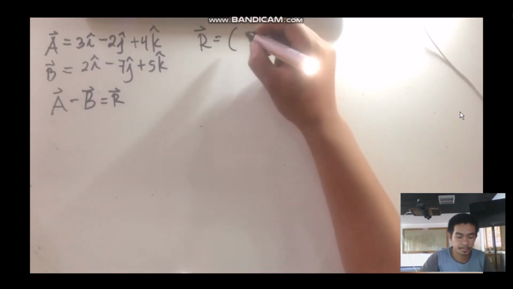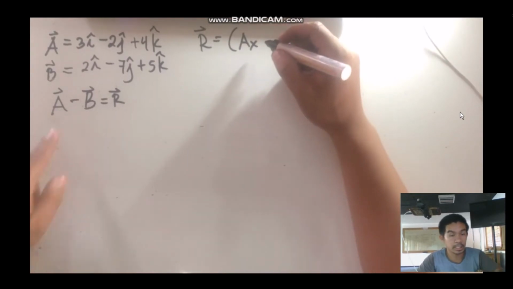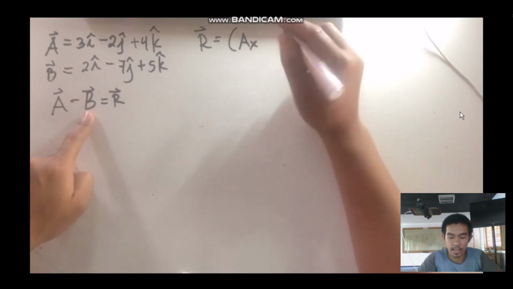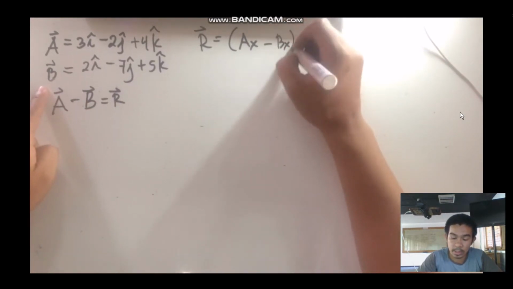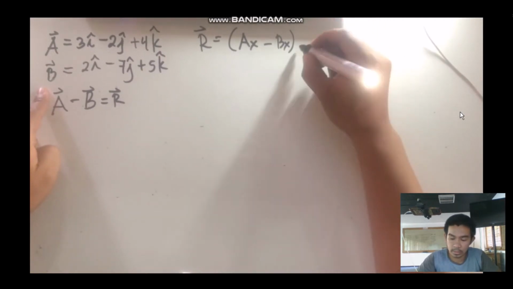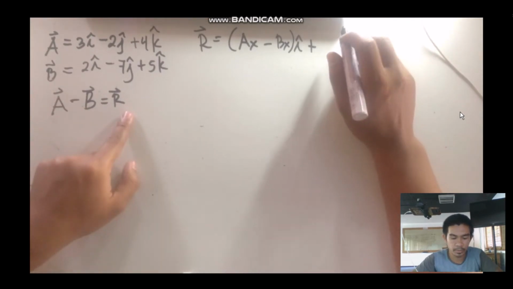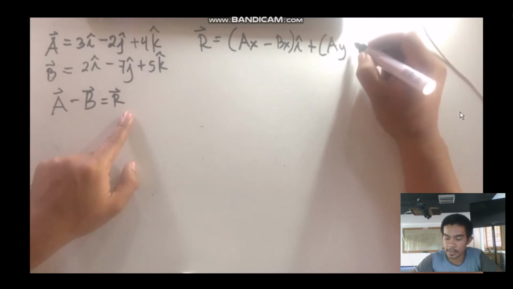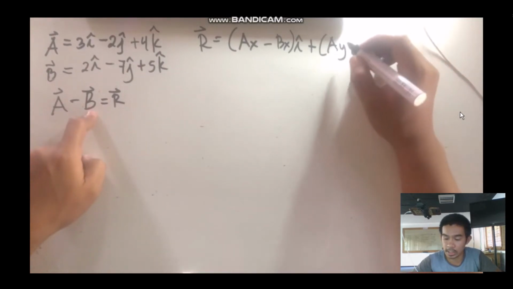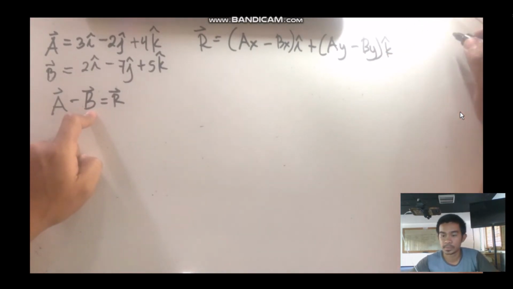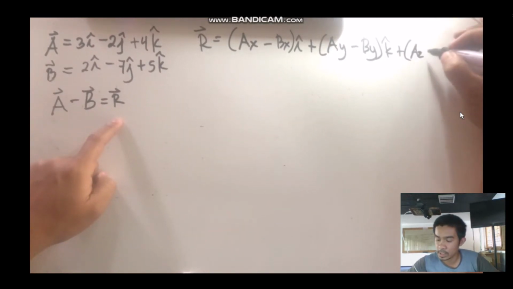So vector R is equal to A of x minus B of x times i hat, plus for the y component, that is A of y minus B of y, since this is minus vector B, j hat.